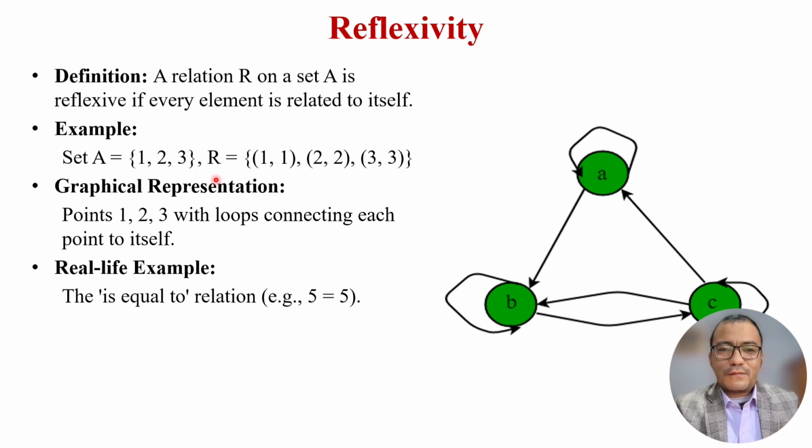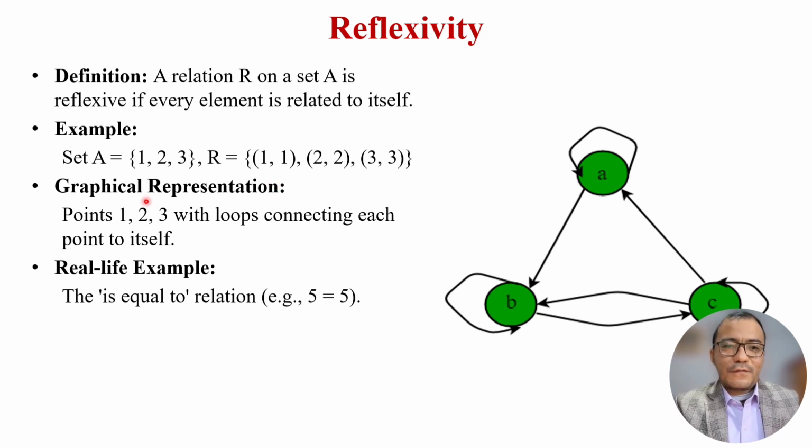Then if we establish the relation from A to A, such as (1,1), (2,2), and (3,3), other pairs can also be there, like (1,2), (1,3), (2,1), (3,1). If they have at least their own images as a pair in the relation, we can say they have the reflexive property.